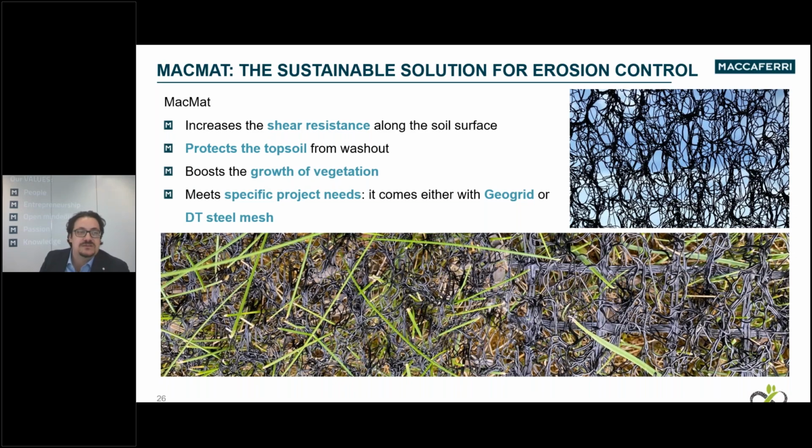This kind of product increases the shear resistance along the soil surface thanks to the reinforcement, protects the topsoil from washout thanks to the geomat, boosts the growth of vegetation due to its high light penetration index, and can also be engineered to achieve specific project needs with the use of geogrid or DT mesh inside.